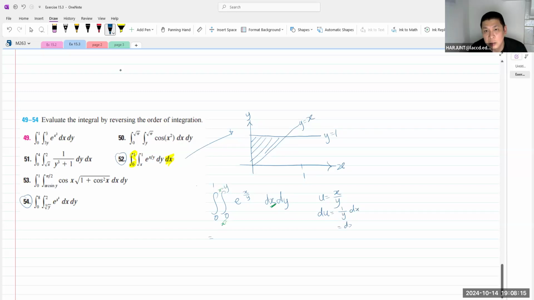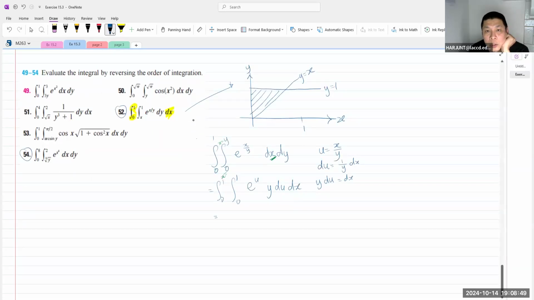So dx equals y du. Integral from 0 to 1. When x equals 0, u is 0. When x equals y, u is 1. Okay, this is e to the u, dx is y du.